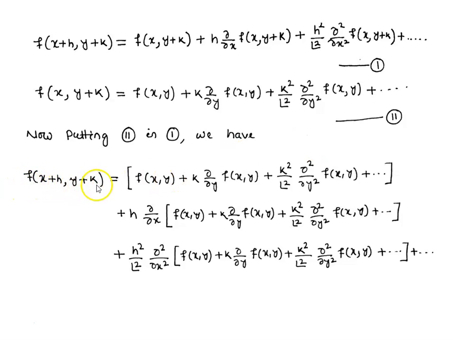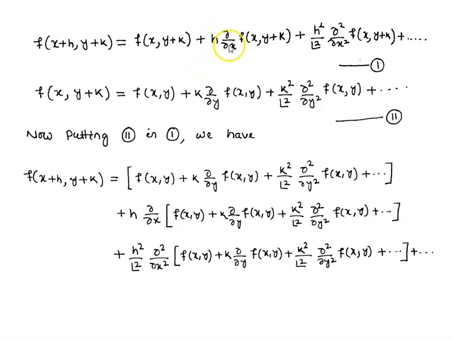f(x+h, y+k) is this. The terms inside the first bracket is our first term of equation 1 after equality sign. This f(x, y+k) is written here in the bracket. Similarly, the second term is h del by del x.